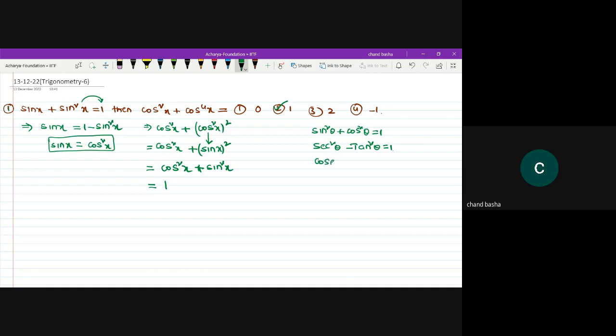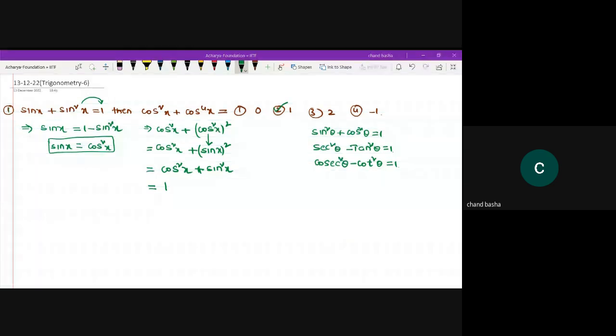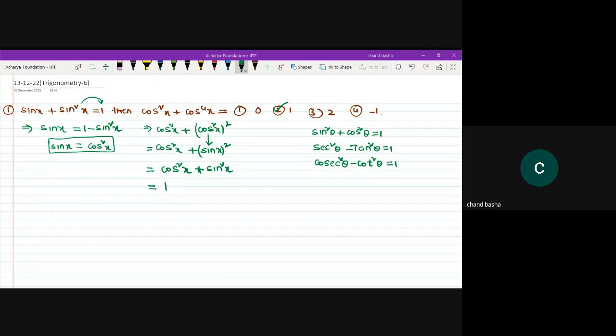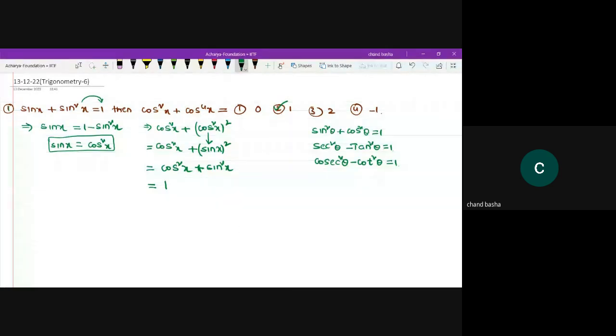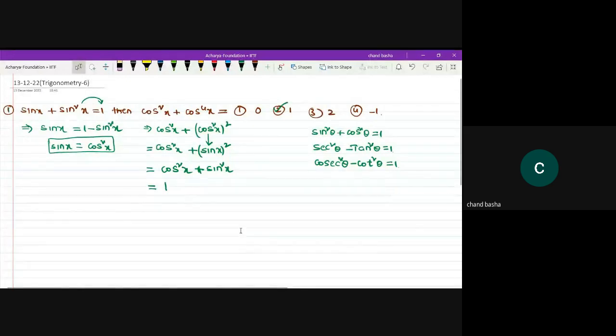Next, cosec square theta minus cot square theta is equal to 1. These are the 3 identities. We even proved them in the last class, right? Now, by making use of these identities, let's see the next question.